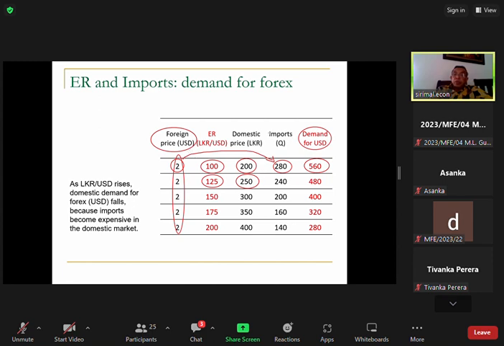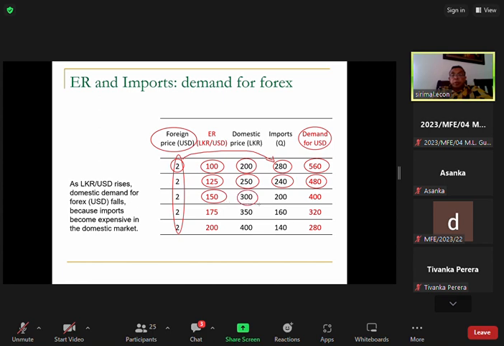So you now reduce the quantity of imports, in line with the law of demand. You don't buy 280 now, you can buy 240 as demand goes down. To buy 240 chocolates, you need to spend $480. Next period, it has depreciated further to 150.